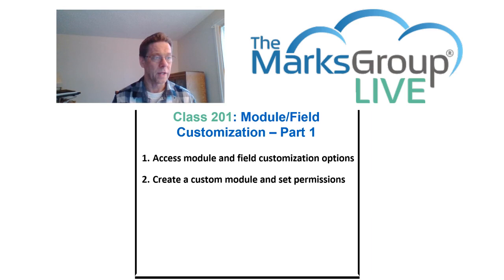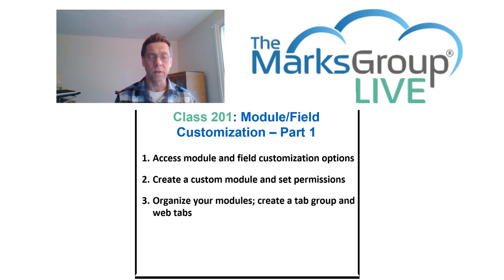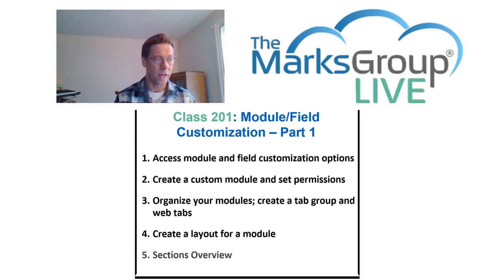We looked at creating custom modules and setting permissions on those. We looked at organizing our modules, creating web tabs and tab groups. We looked at creating the layout for a module, and we took a very quick look at sections within a module. So you can have multiple sections in our module. I did that when I created the demo area as a separate part of the module.